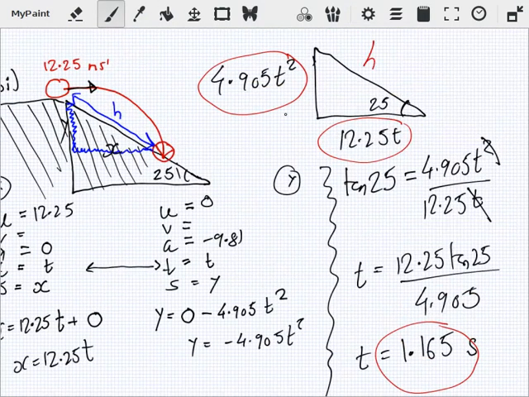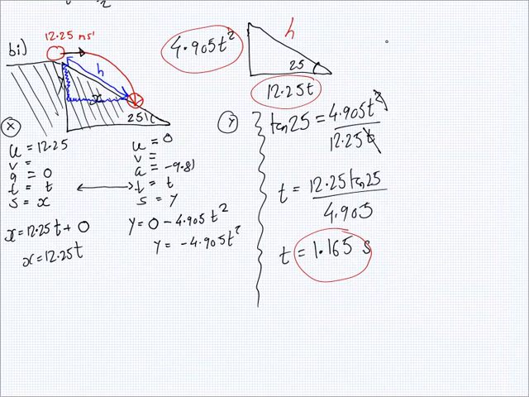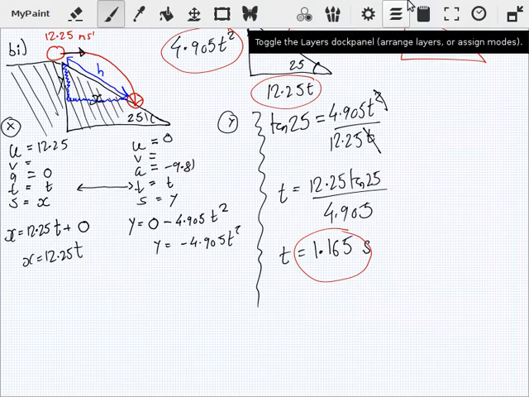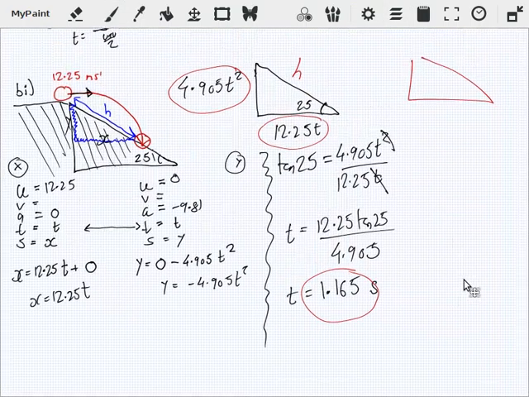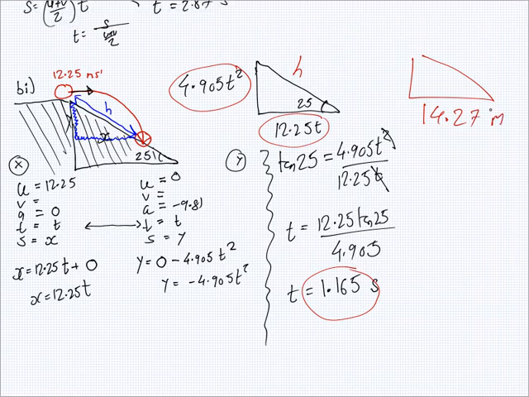So if I just redraw that triangle, or just get the sides here, the base will be my time, 1.165 times 12.25, so the base is going to be 14.27 meters, and the height will be 1.165 squared times 4.905. So the height is 6.657 meters.